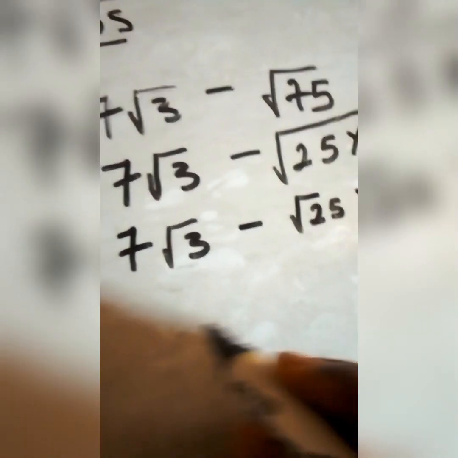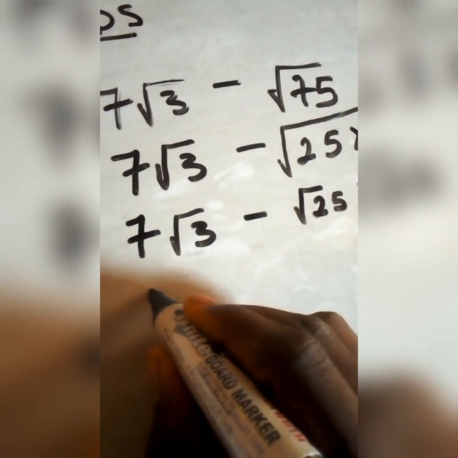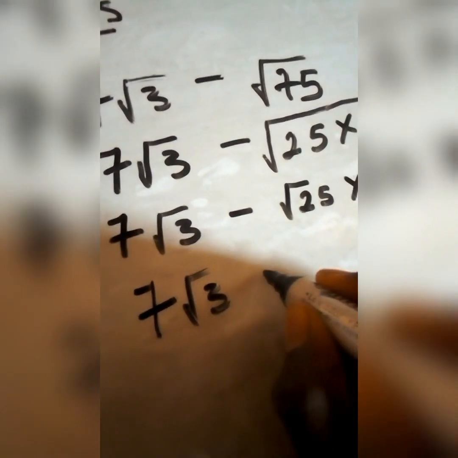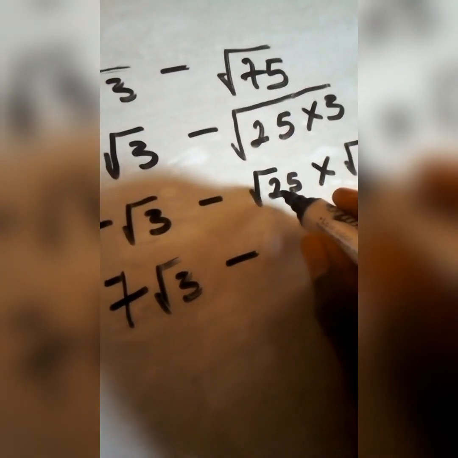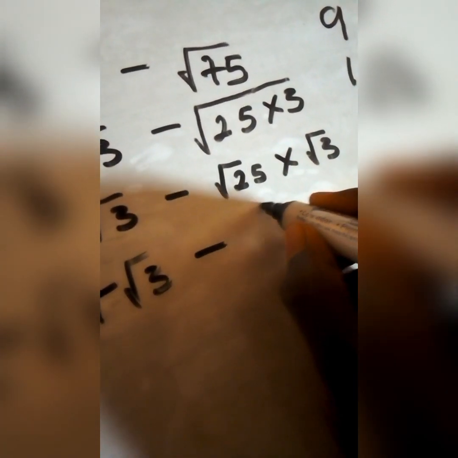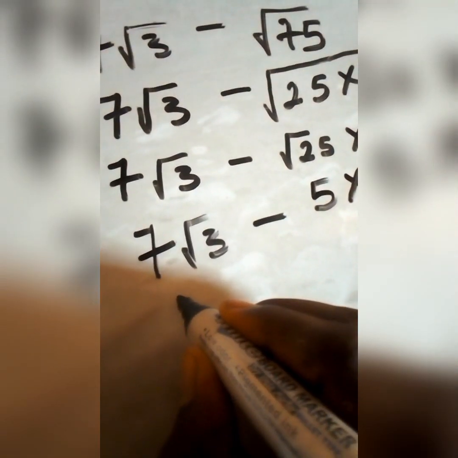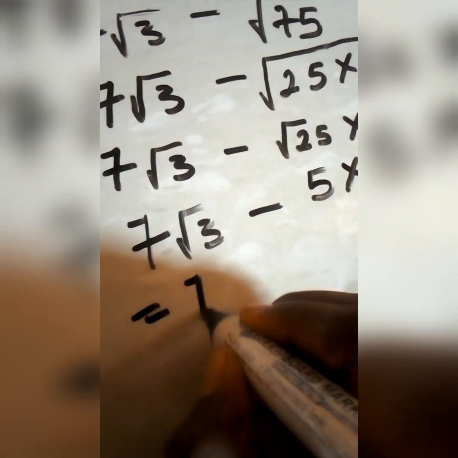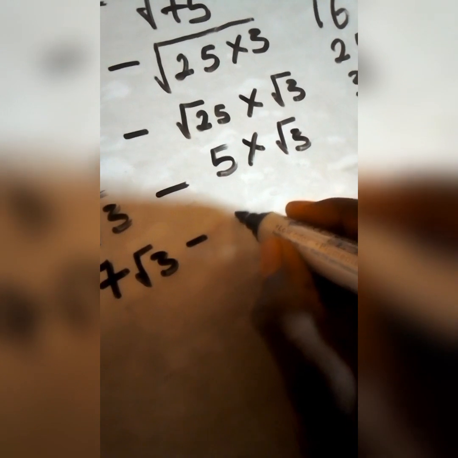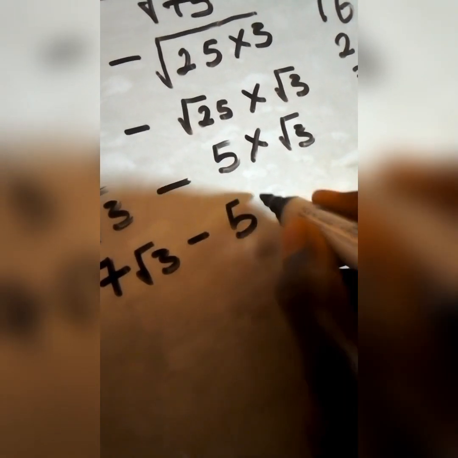So the next thing we'll do is that we'll say 7 root 3 minus, now this is square root of 25. Square root of 25 is what? 5. 5 multiplied by root 3. So this is now going to be equal to 7 root 3 minus what? 5 times root 3 is what? 5 root 3. Hope you understand.